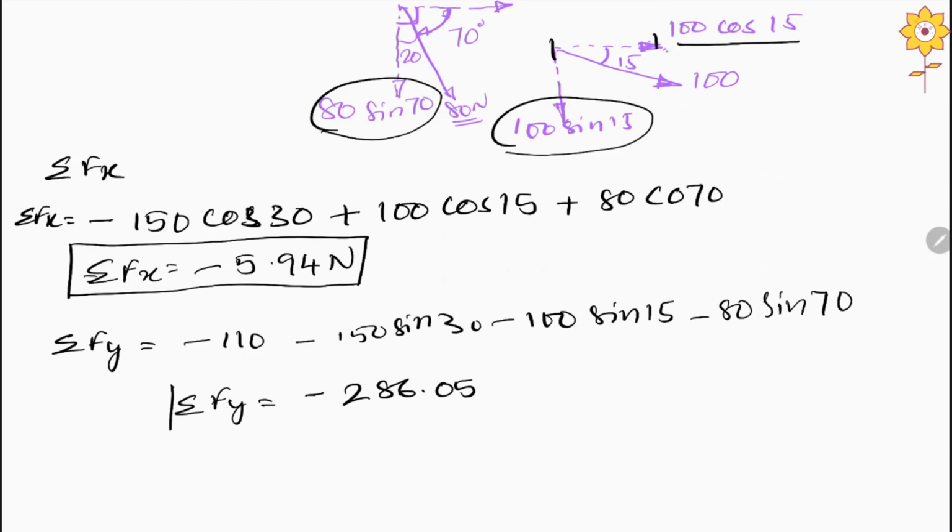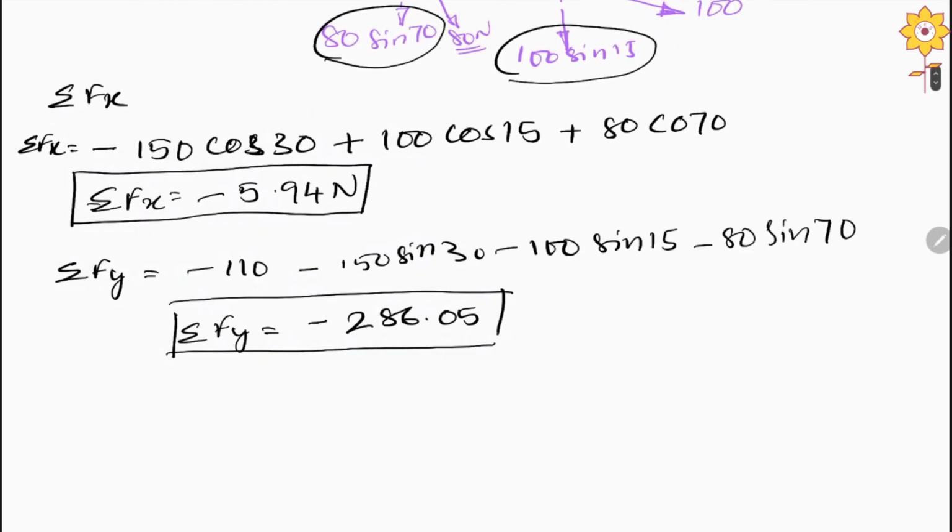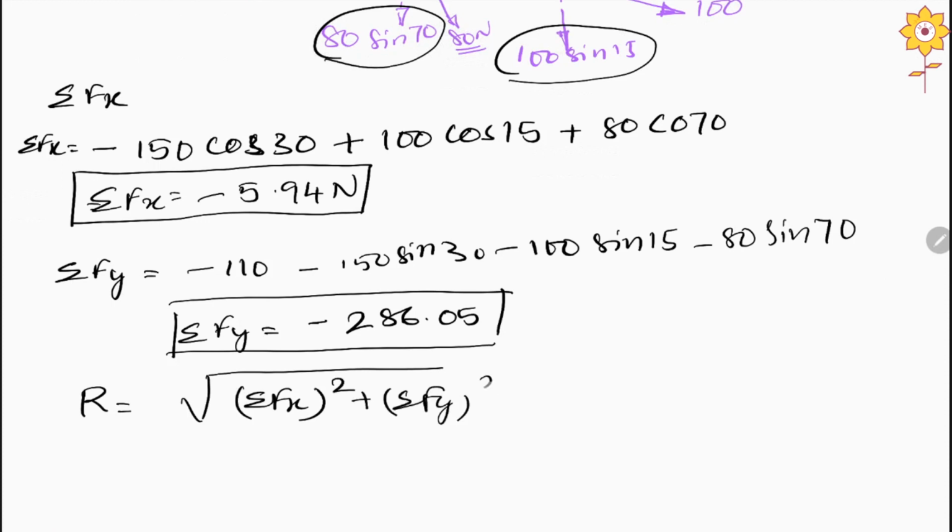So we found out summation of f of y as well. Now we have to look for the resultant. Our resultant formula is root of summation of f of x square plus summation of f of y square. So this will be equal to root of minus 5.94 the whole square plus minus 286.05 the whole square.